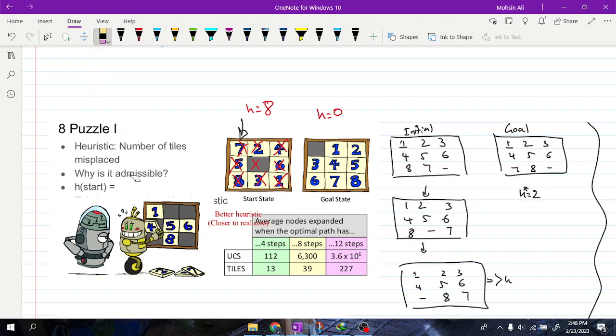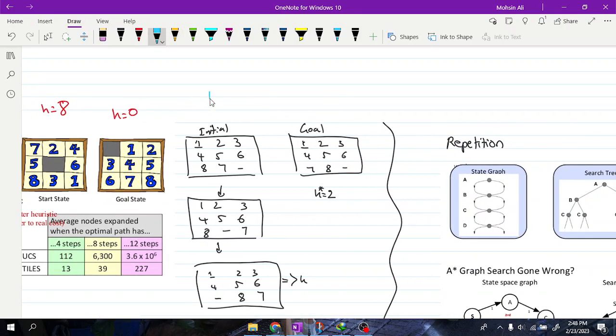Is this heuristic admissible? Which means, are we underestimating the actual cost? Well, yes, it is admissible. Why is it admissible? Well, we are underestimating because let's assume that I had this grid over here, initial and goal. So I had 1, 2, 3, 4, 5, 6, 8, 7, and then blank, and this was the goal. The misplaced tiles over here is just 2, because 8 is misplaced and 7 is misplaced.